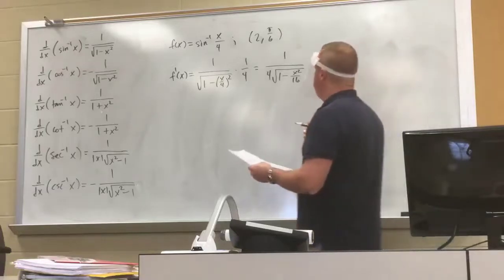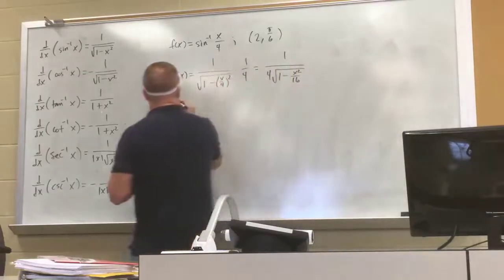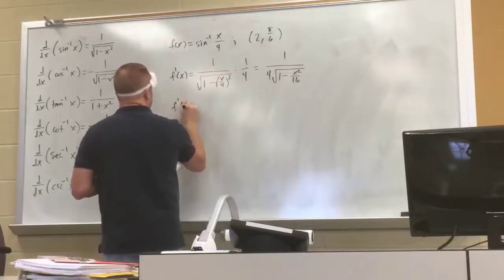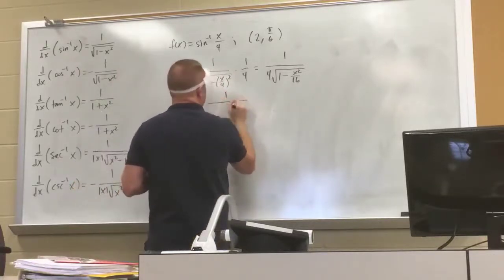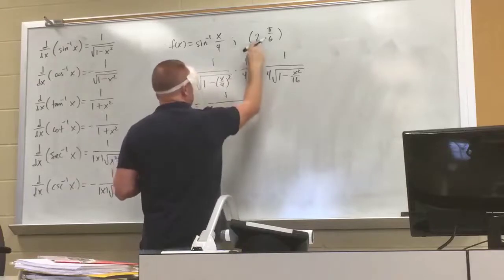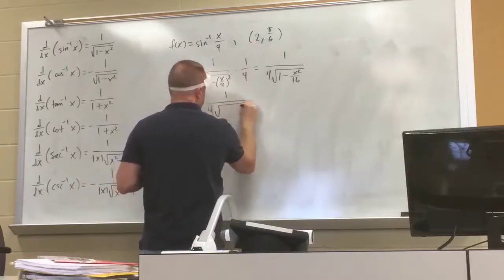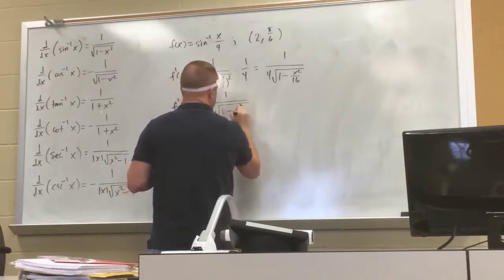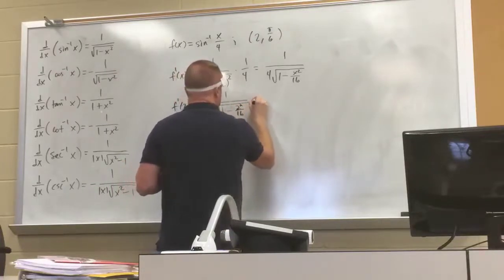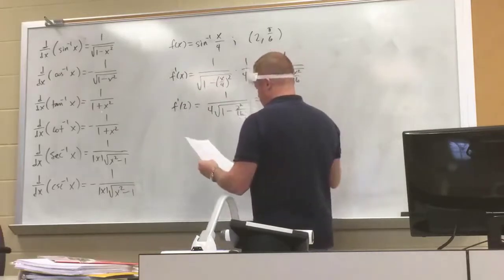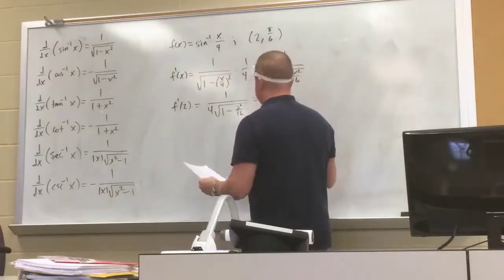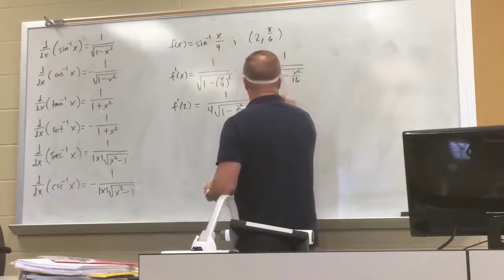Because we're not finding the derivative, we're just finding the slope, the equation of the tangent line. So, all right, so here let's put 2 in for x. Okay, so I'll have 1 over, because 2 is the x value where I'm finding the tangent line. So that'll be 2 squared over 16. All right, so that will be 1 over 4 square root.